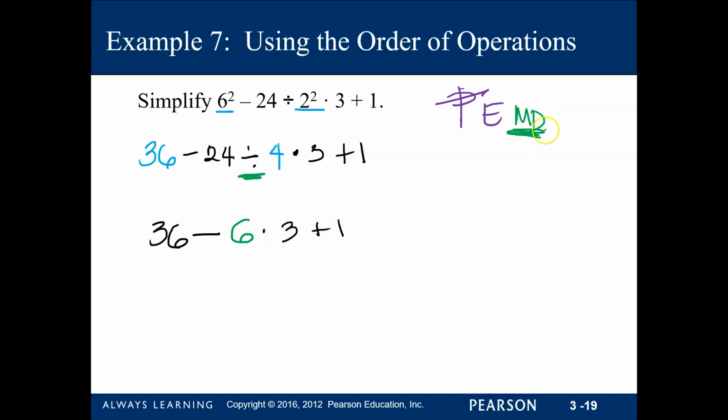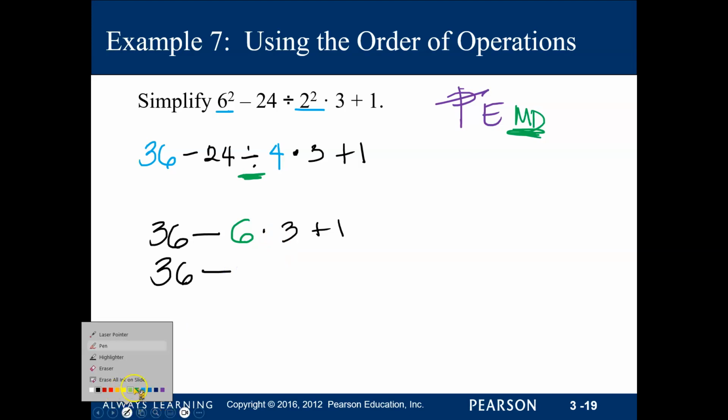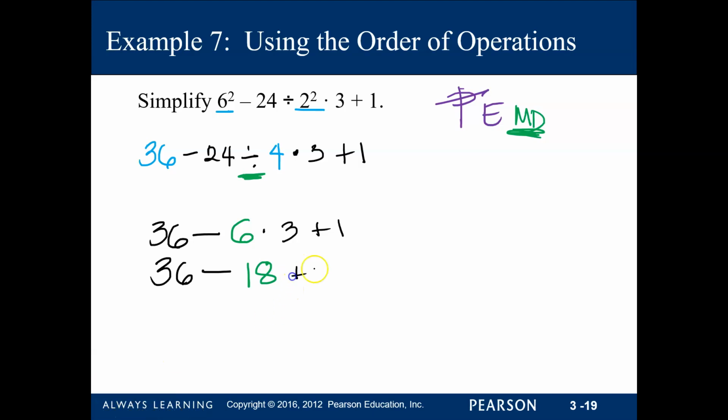Do we have all the multiplications and divisions gone? Not yet. We have the multiplication in here, so that is the next step that we need to work on. So this is going to be 36 minus 6 times 3, which is 18. And then you still have your plus 1.